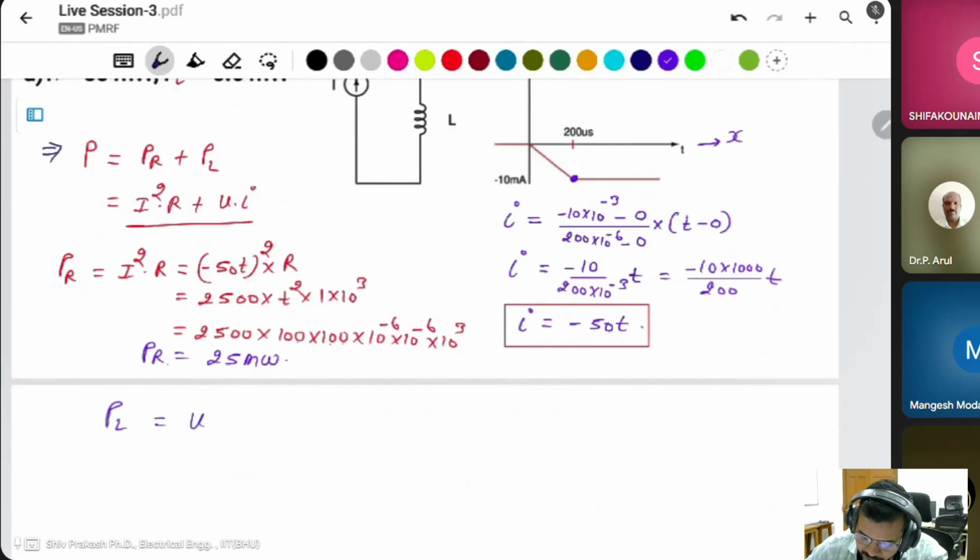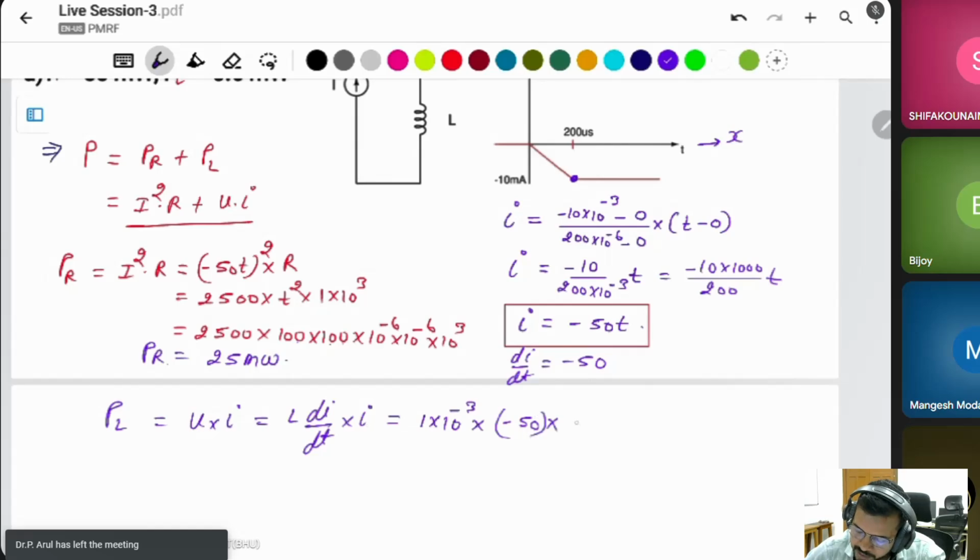V into I. What is the voltage across the inductor? L di by dt into I. What is di by dt? This one, minus 50. Inductor is 1 milli, 1 into 10 to the power of minus 3. I is minus 50 into t, and di by dt is minus 50.